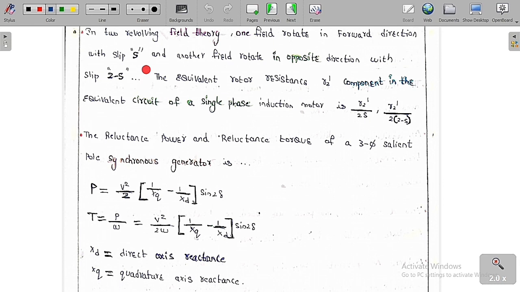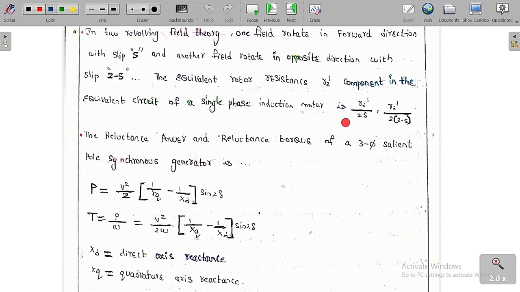I already told you the forward slip is S, which means the backward slip is 2 minus S. The equivalent rotor resistance R2 dash component in the equivalent circuit of a single phase induction motor is R2 dash by 2S for the forward field rotation, whereas it is R2 dash by 2 into the backward slip, which is 2 minus S. So we are going to split R2 dash by S in the equivalent circuit diagram into two parts, which are R2 dash by 2SF and R2 dash by 2SB. SF is the forward slip, equal to S, and the backward slip is equal to 2 minus S.